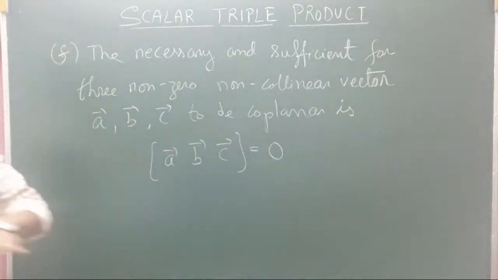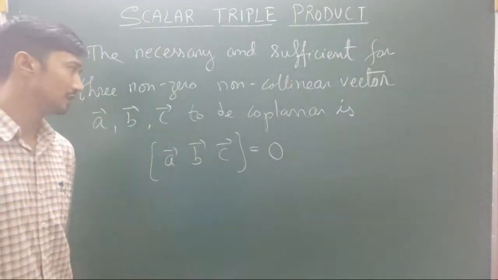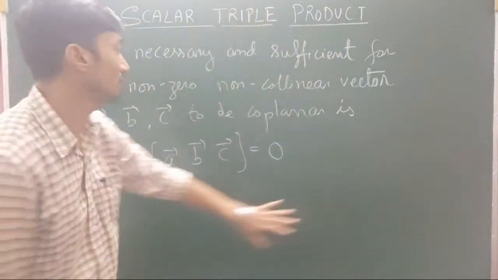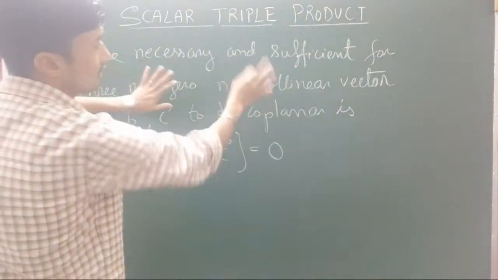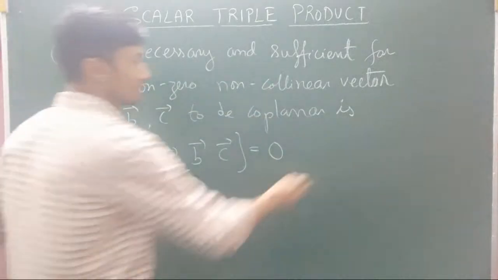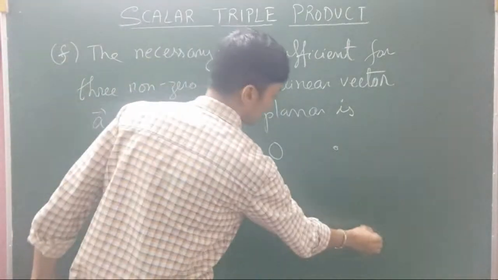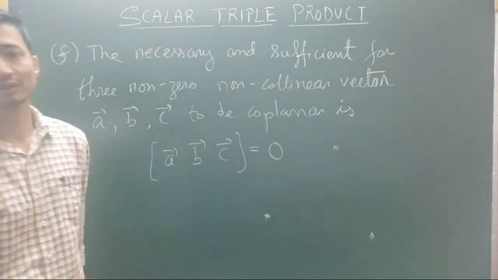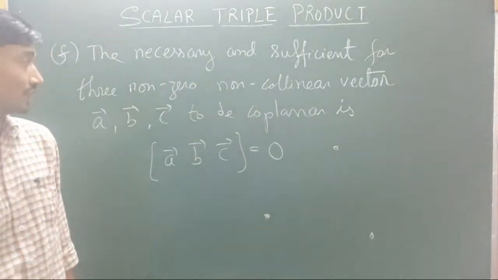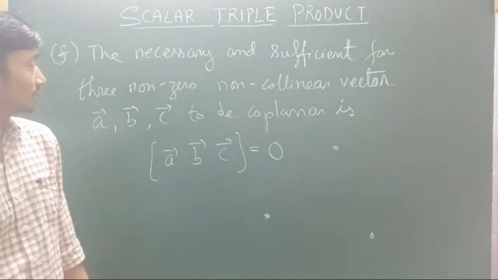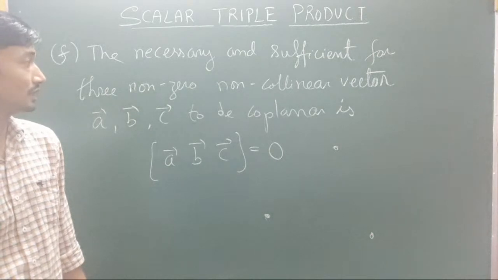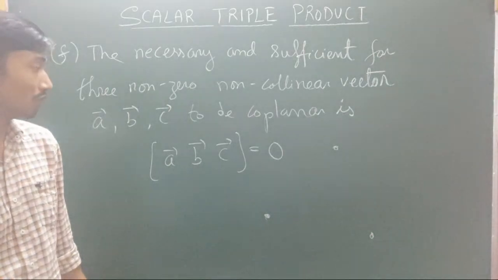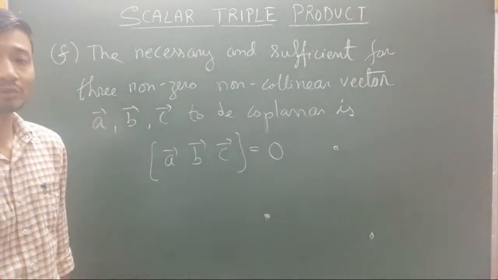Coplanar means they are all lying on the same plane, like on the board, all the writings are lying on the board. So these are coplanar, like for example this point, this point, this point. So the necessary and sufficient condition for 3 non-collinear and non-zero vectors to be coplanar is that the scalar triple product should be 0.